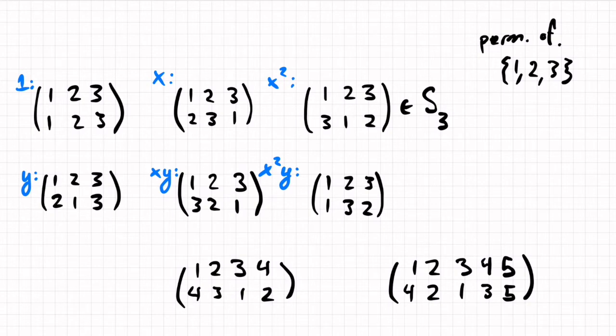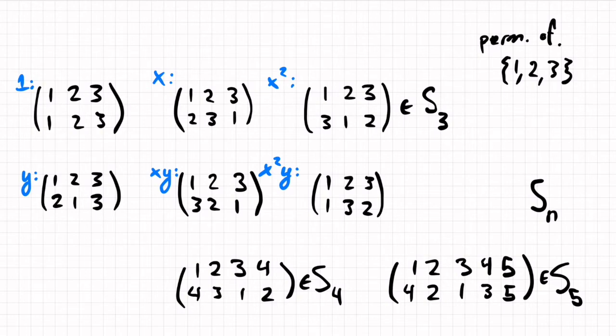Accordingly, S4 is permutations of the set 1 to 4, and S5 is permutations of the set 1 to 5, etc. And we can define Sn for n any natural number in this way. For every natural number, we have a group, which is the group of permutations of the set 1 through n.